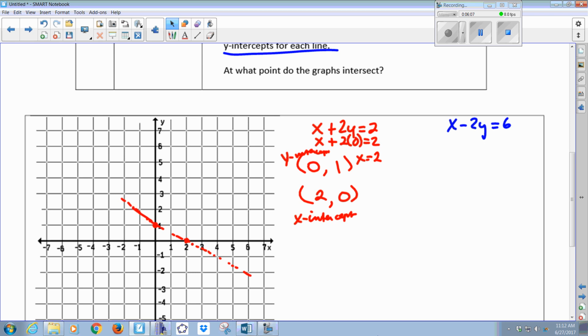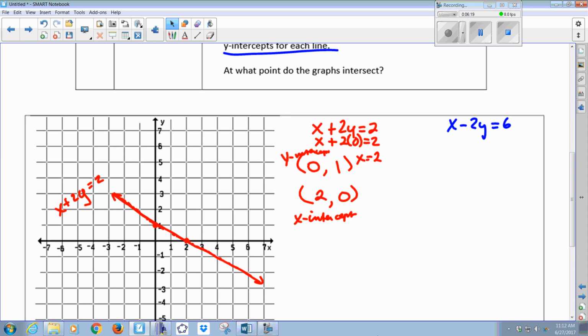There we go, just like you would do it at home. And you always want to label your line. This is the line x plus 2y equals 2, just like you always label a title when you have a graph.